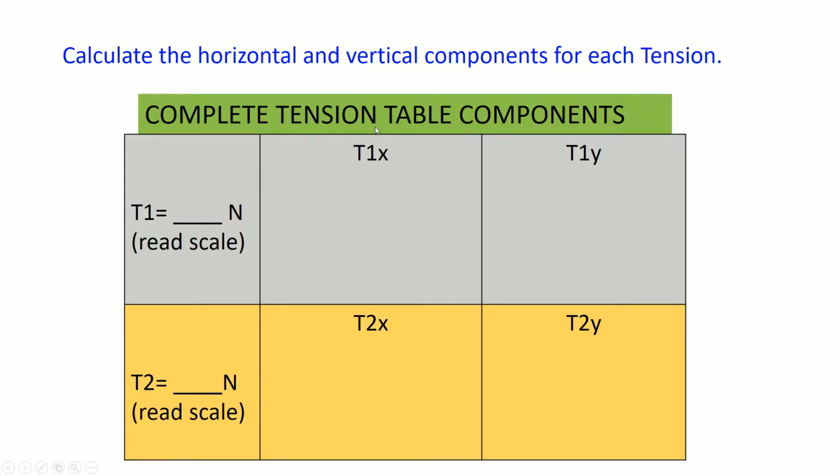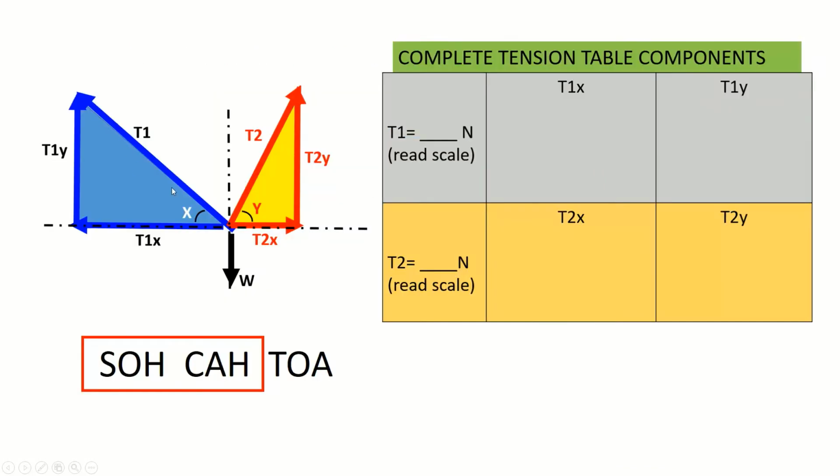Now we are going to calculate the components for each tension. You read on the scale tension 1 and tension 2, and you use sine and cosine to calculate the components. So you need to have your diagram handy. Your T1x is adjacent to this angle, so in this case we use cosine.